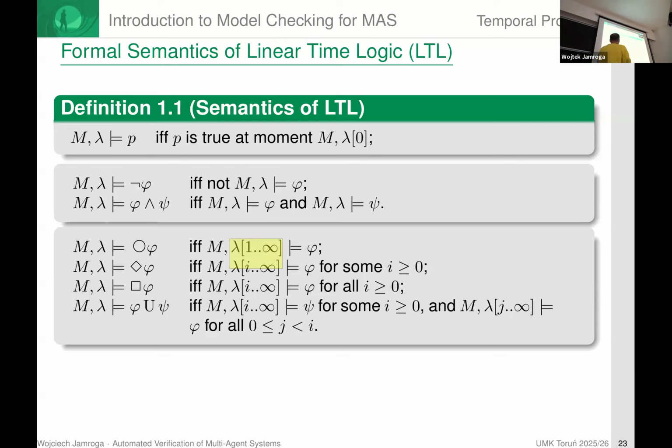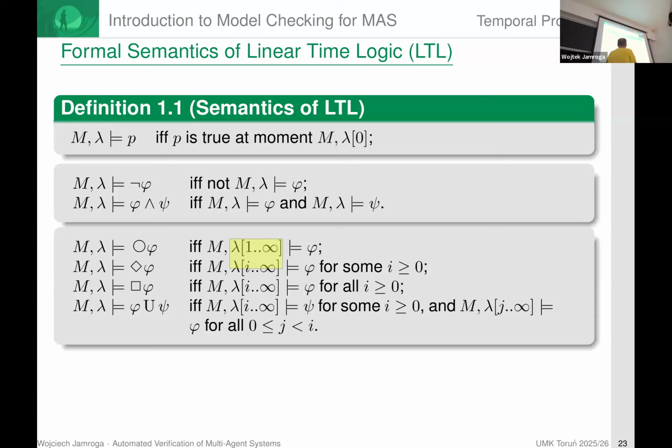Okay, so if we want to evaluate next, we just cut off. So we start indexing the states from 0. So the current state is the state number 0, the next state is number 1, and so on and so on. So basically this says, if we want to check whether phi is true in the next step, in the next moment, we take the execution path, we clip off the initial state, we take the rest as the new execution path, and then we evaluate phi on it.